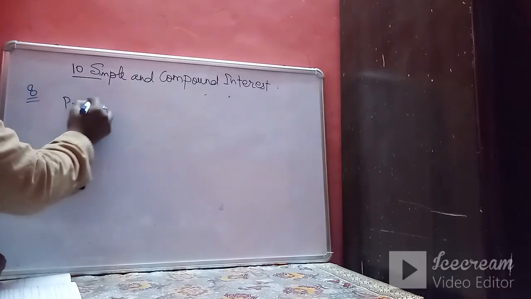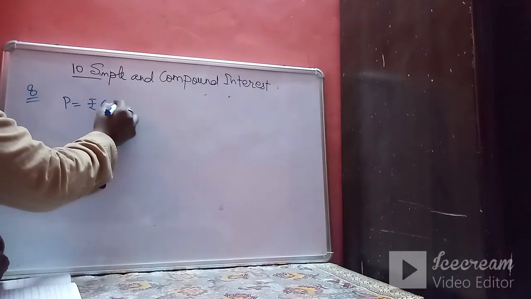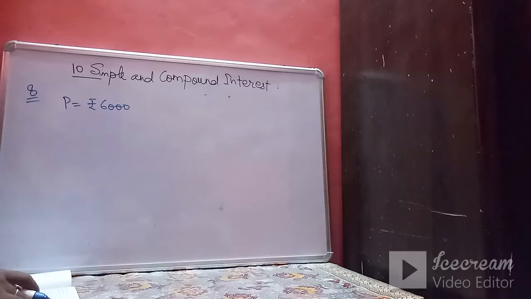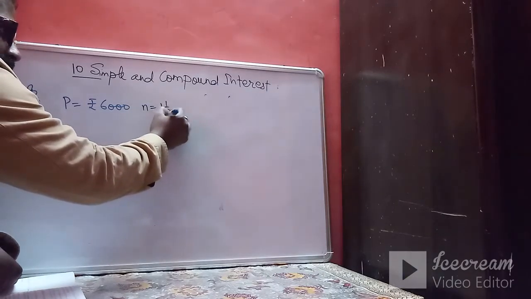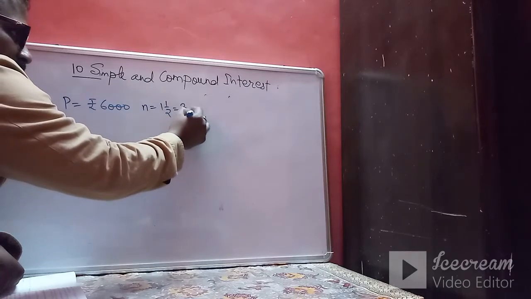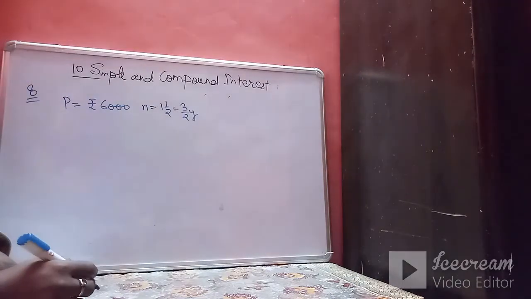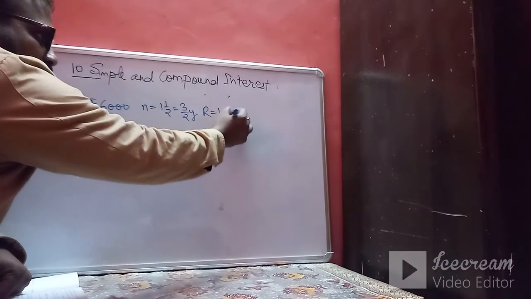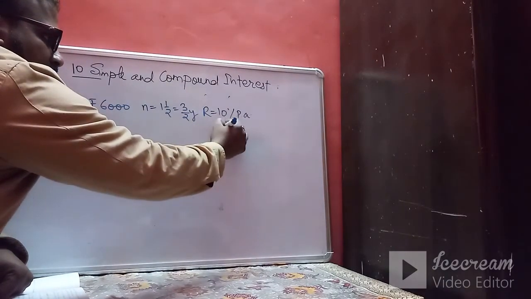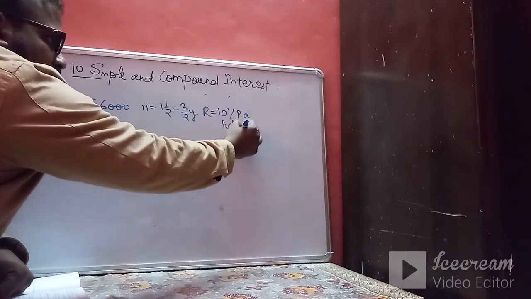So principal is rupees 6,000. After 1.5 years, n is 1.5, meaning 3/2 years, and rate given is 10% per annum, and it is again half yearly.